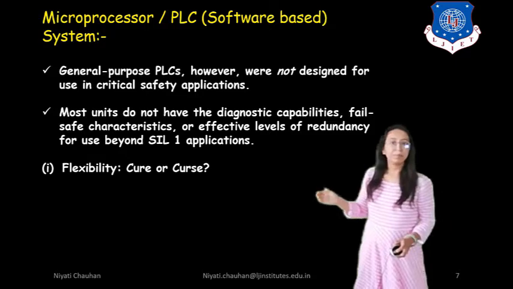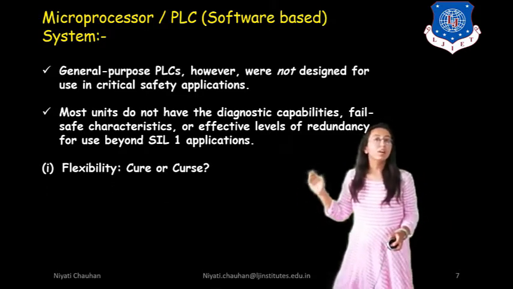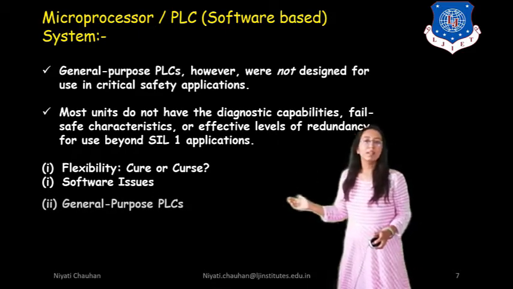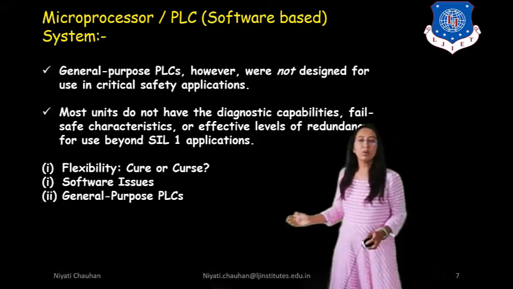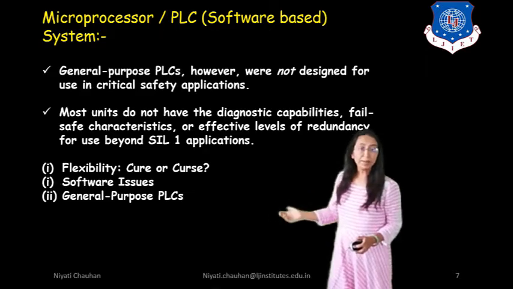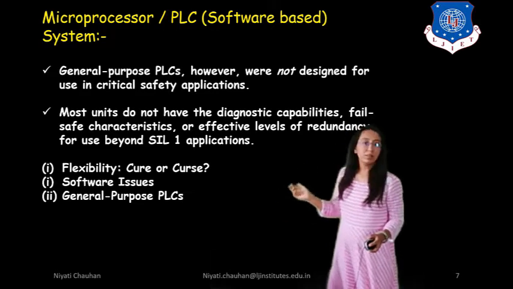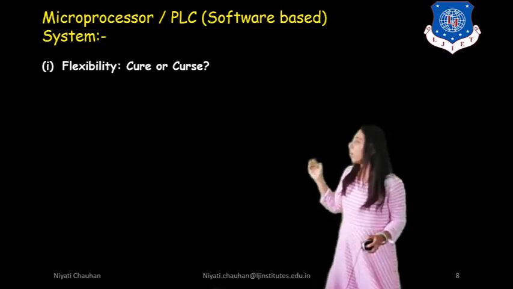So number 1, flexibility, cure or curse. Number 2, software issues. Number 3, general purpose PLCs. So these are some problems and issues regarding our system. Next is first, flexibility, cure or curse.